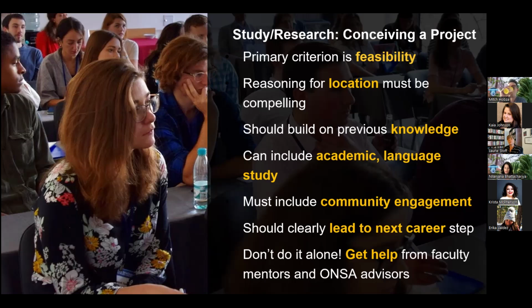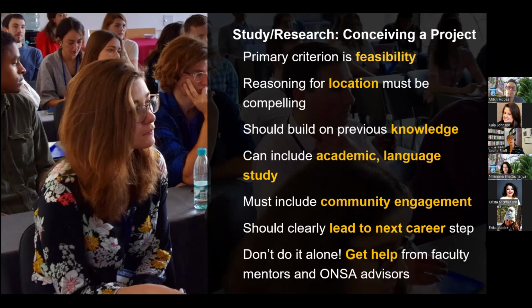Another really, really super important thing, and something that a lot of times Fulbright applicants kind of forget and put on the back burner, but I would really recommend that you do not do this, is thinking about how you're going to engage with the community once you're there, right? So Fulbright is not just going to pay for you to go do research for the sake of your own research.